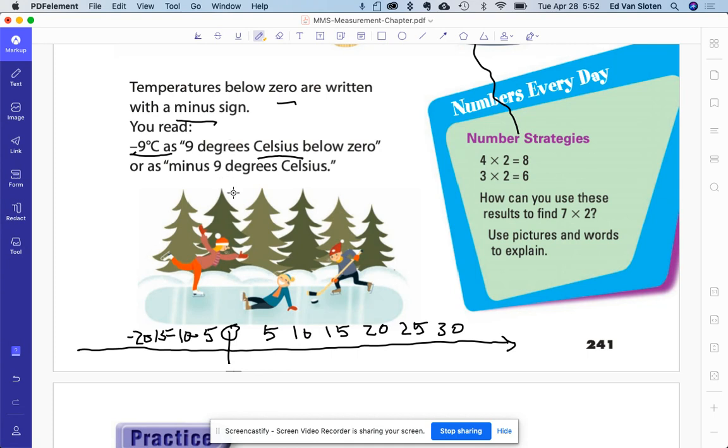We use Celsius, which is a proper scientific thing to do. So say minus 9 degrees Celsius, or say 9 degrees Celsius below zero.